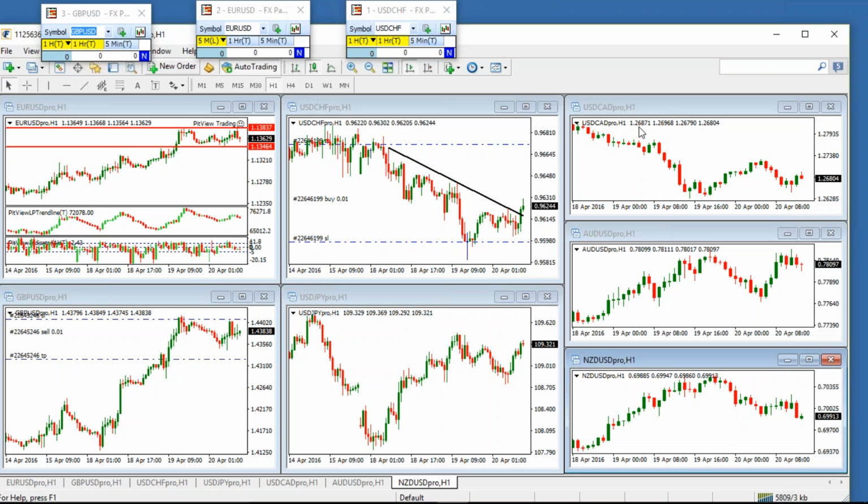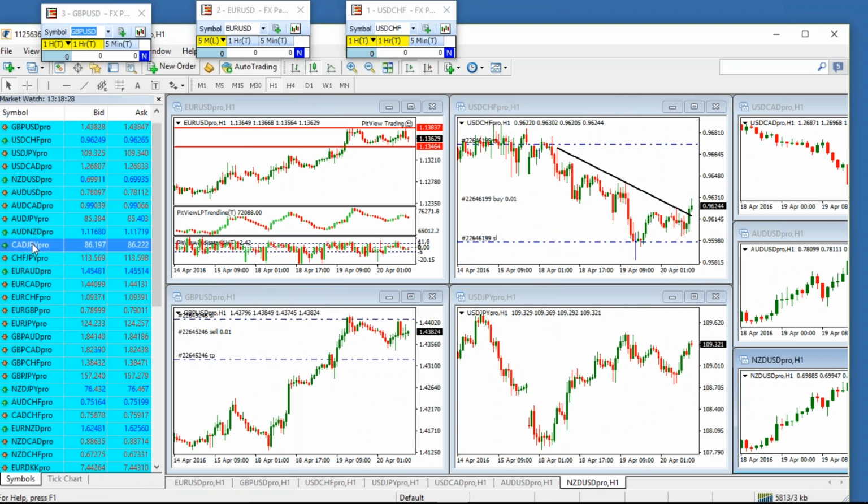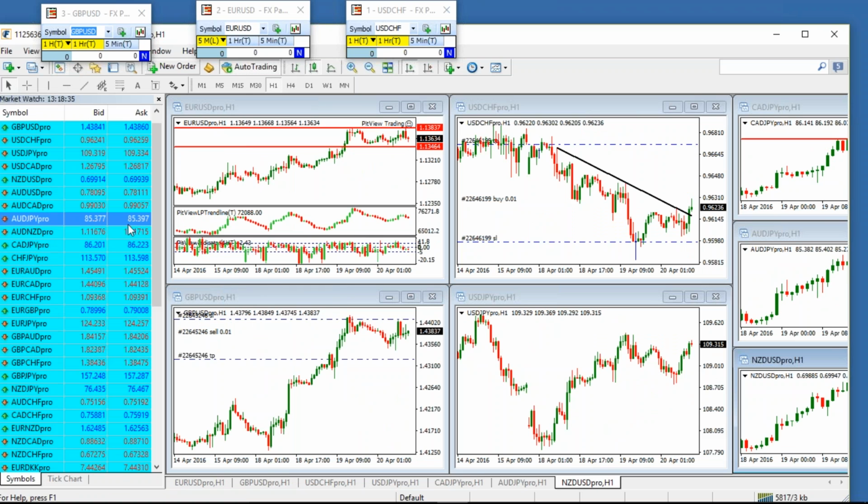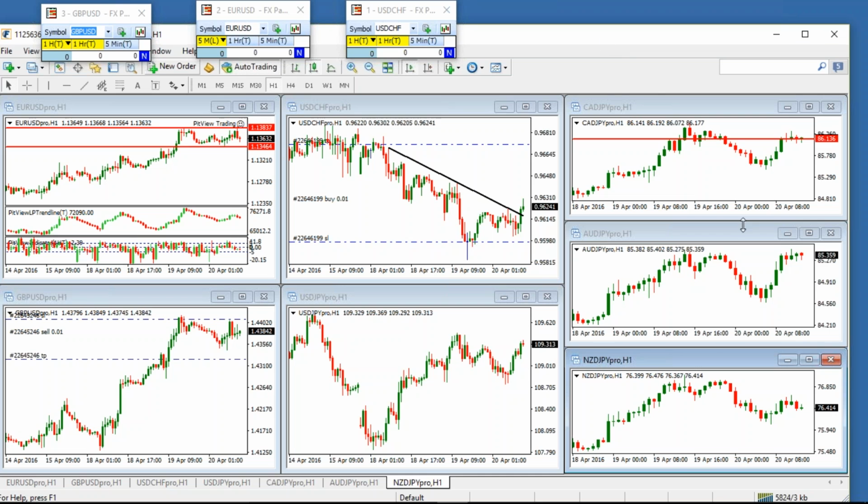When it comes to looking at these, we've been looking more so at the crosses. That's why I had the Cad Yen on there, looking for more potential in risk-on scenarios in the market, meaning looking at the commodity currencies versus the yen. You can see that there's not a huge change between those and the dollar.